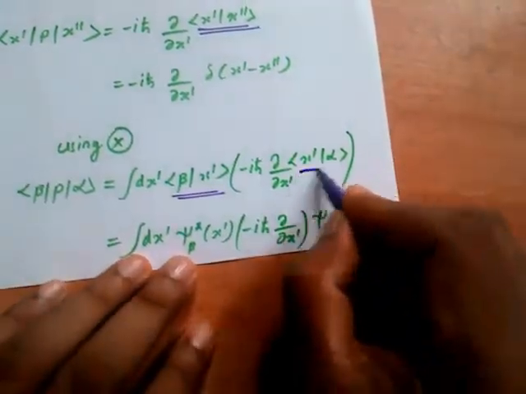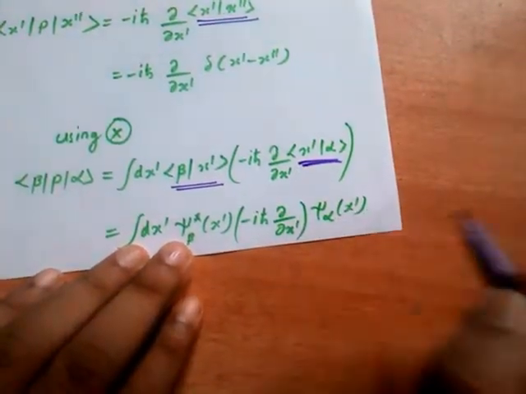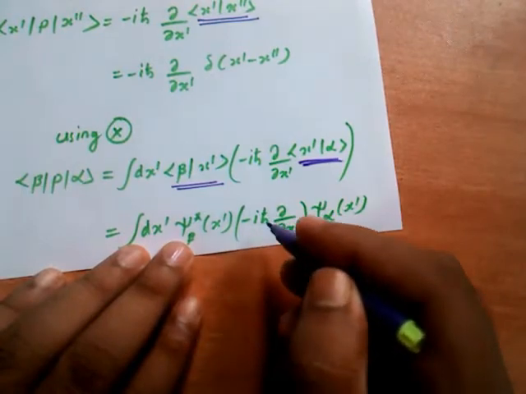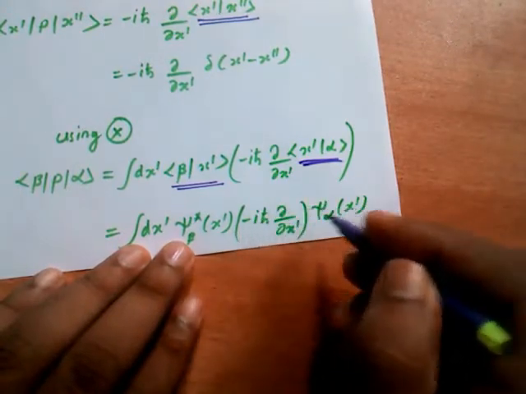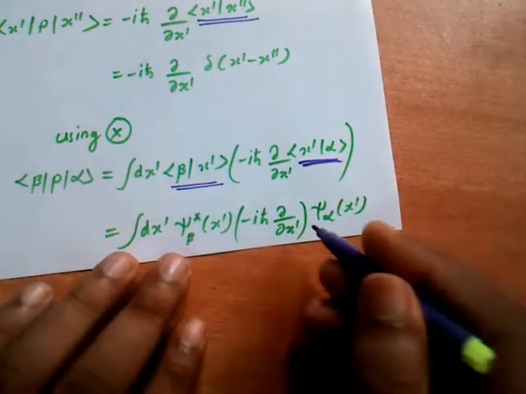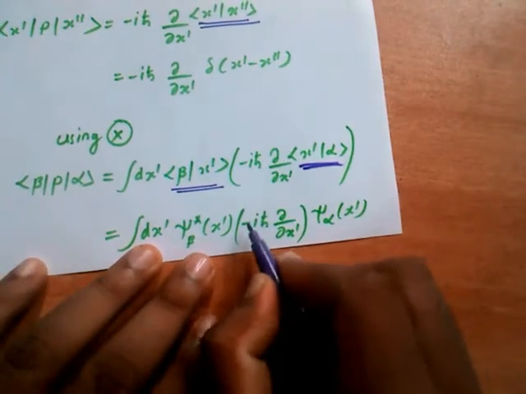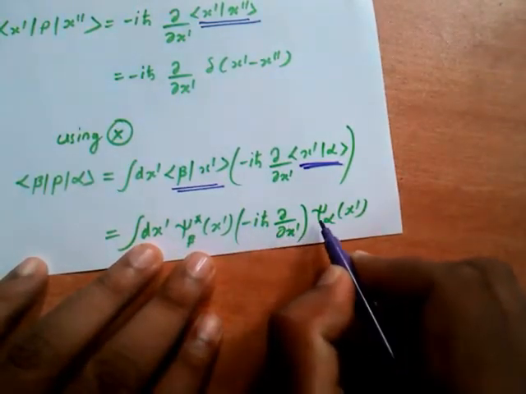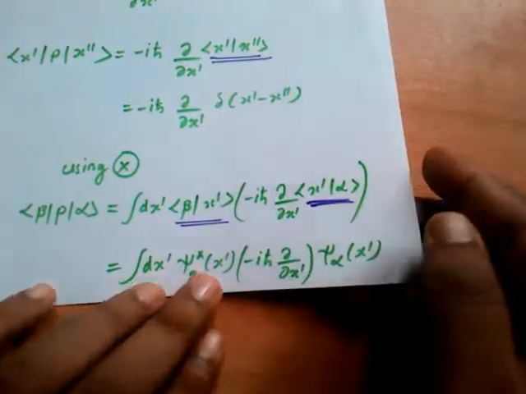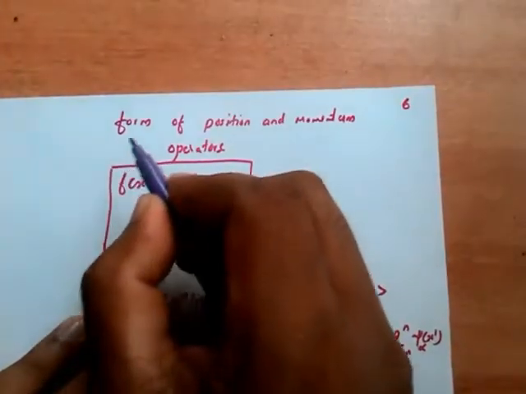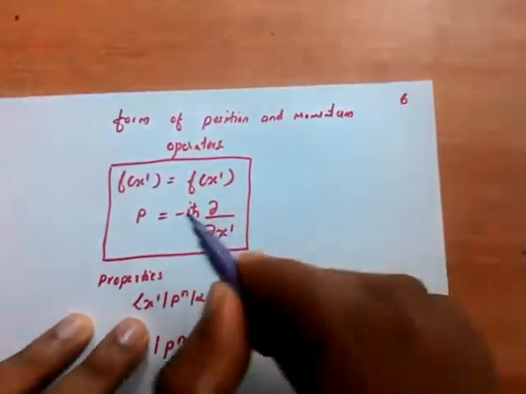Okay, this term is psi alpha of x dash into minus i h cross dou by dou x dash, or minus i h cross dou by dou x dash of psi of x dash. So we got both the forms of position and momentum operators.